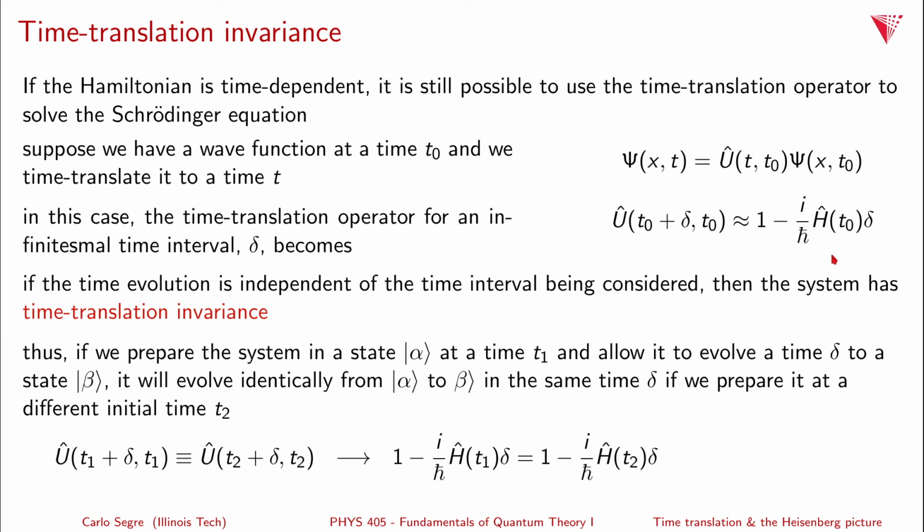According to this expansion, with delta being infinitesimal, you get 1 minus i over h bar times Hamiltonian at t1 times delta equals 1 minus i over h bar, the Hamiltonian at t2 times delta. And these have to be equivalent. It says that the Hamiltonian at t1 then must be equal to the Hamiltonian at t2.